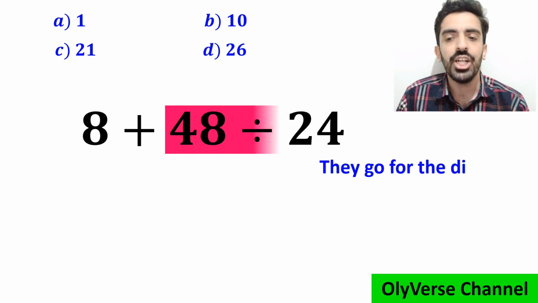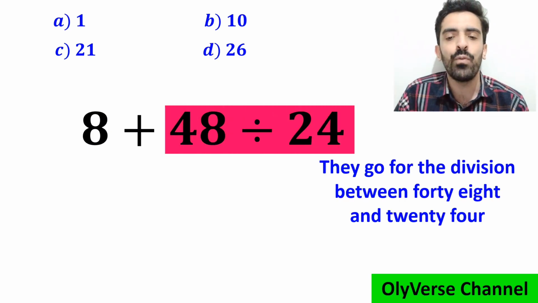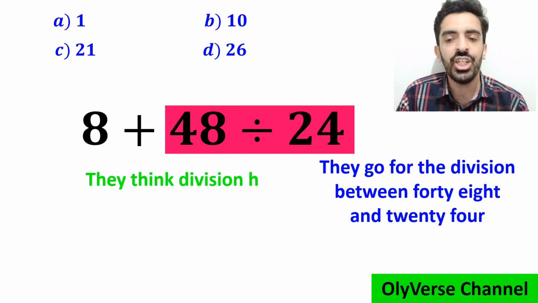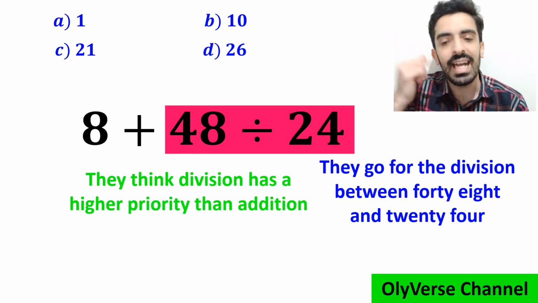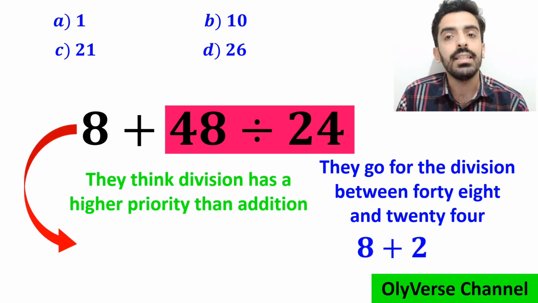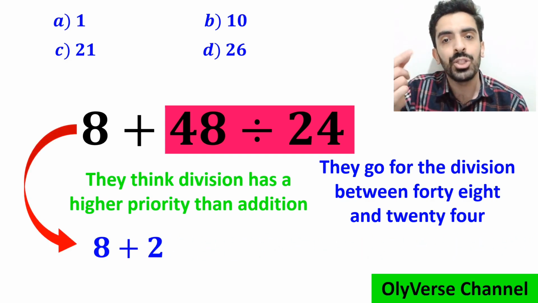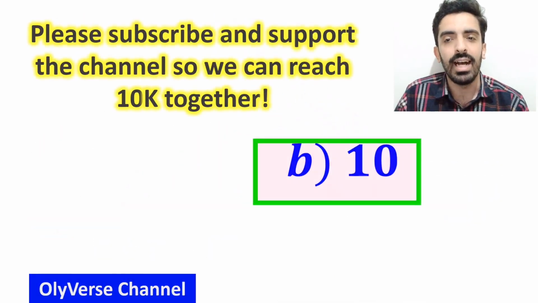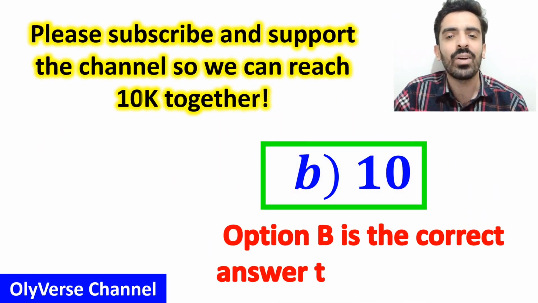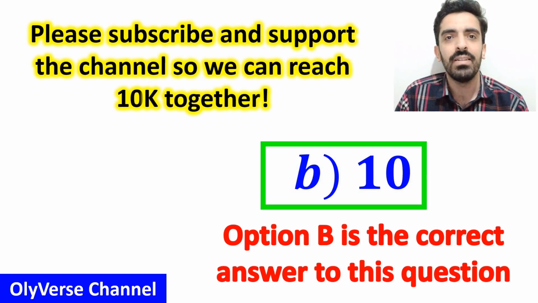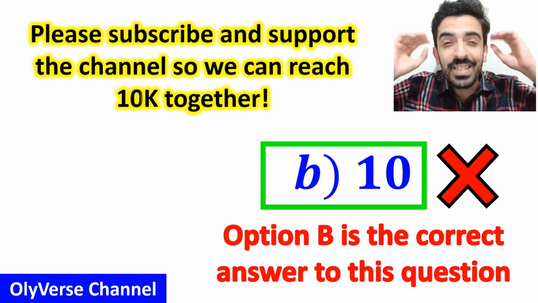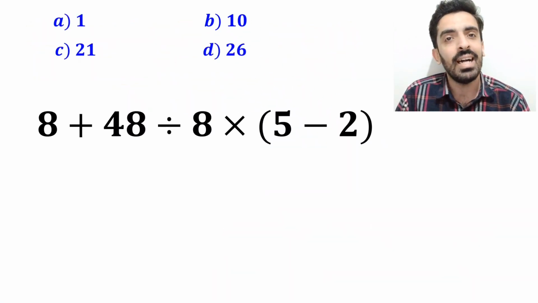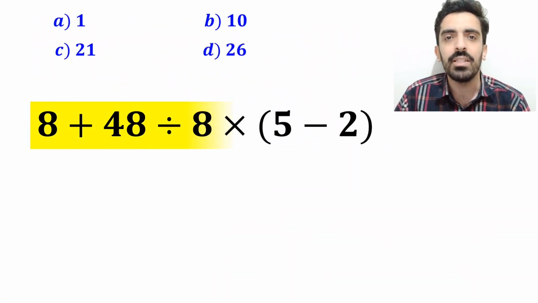Then, they go for the division between 48 and 24 because they think division has a higher priority than addition. And they rewrite this expression as 8 plus 2, which ultimately gives them the answer 10. And immediately, they conclude that option B is the correct answer to this question. However, that's definitely wrong. Alright, now let me explain step by step how to solve this expression properly.